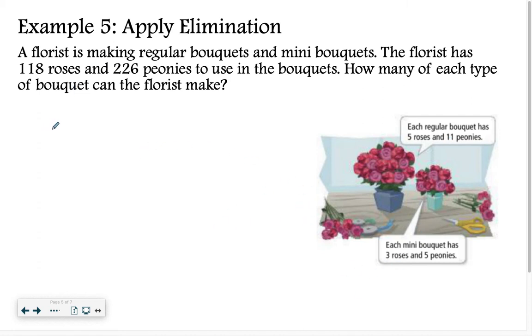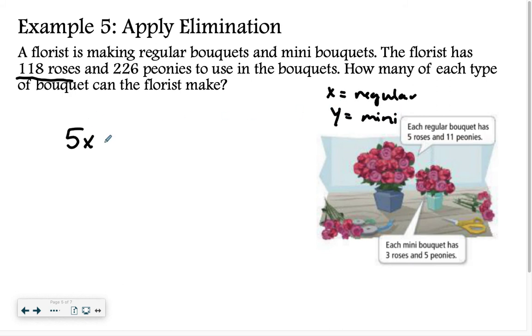So I'm going to write an equation that has to do with my roses first. A regular bouquet uses 5 roses. A mini bouquet uses 3 roses. So I'm going to say x is the regular bouquet. Y is the mini.